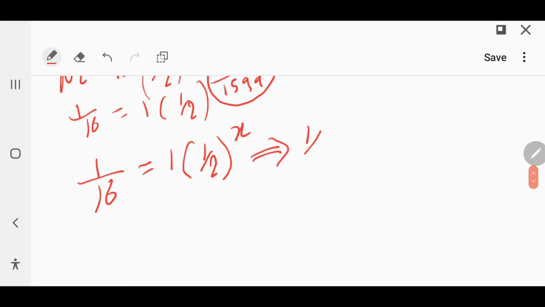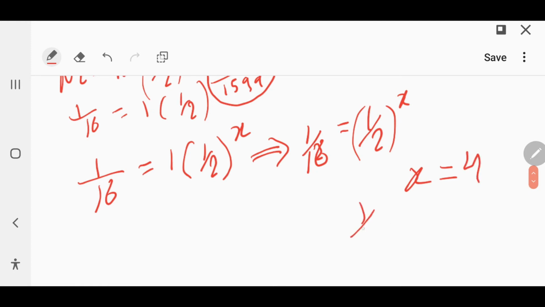In this case, x must be equal to what? 4, because half times half times half times half equals 1 over 16. So x must be equal to 4.